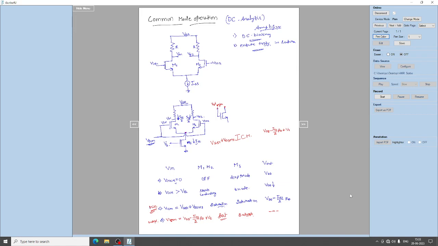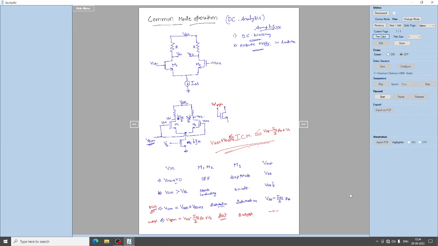Okay, so this is the range in between this VGS1 plus VDS of M3 to the maximum value, VDD minus ISS by 2 into RD plus VT. This is the maximum range, right?